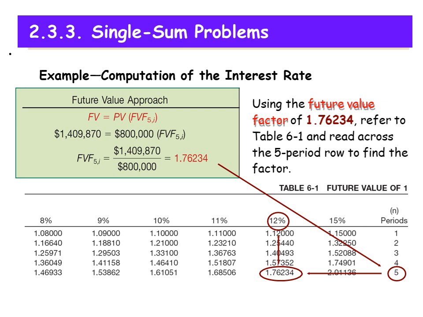Then 1 plus I equals the fifth root of 1.76234, minus 1, which becomes 12.00, something like that, that is 12%. So we can get it by using a formula also.